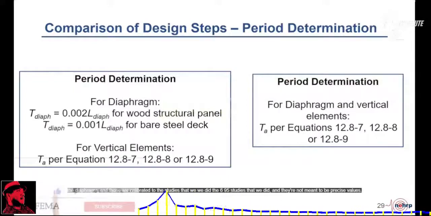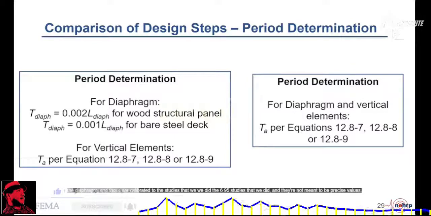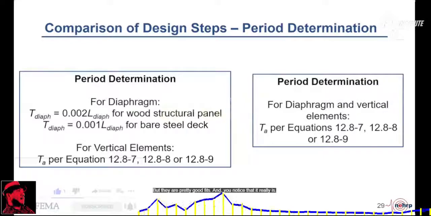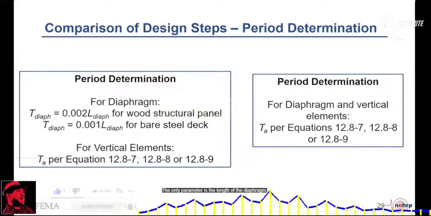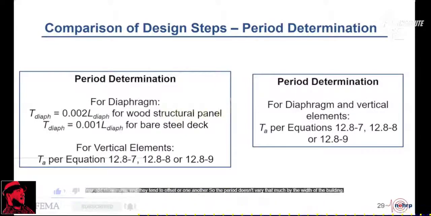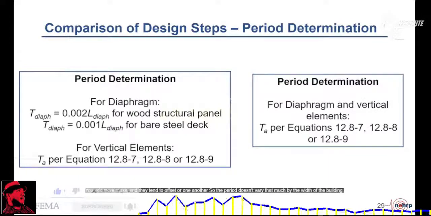They're not meant to be precise values, but they are pretty good fits. And you notice that the only parameter is the length of the diaphragm. That's because as the diaphragm gets deeper, you add more mass and they tend to offset one another, so the period doesn't vary that much by the width of the building.